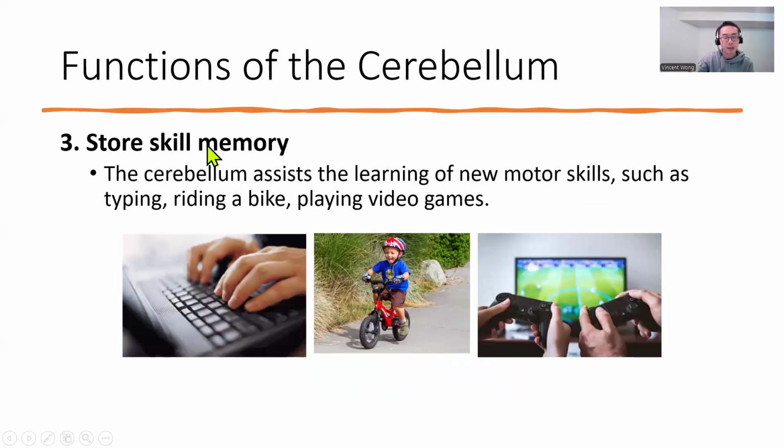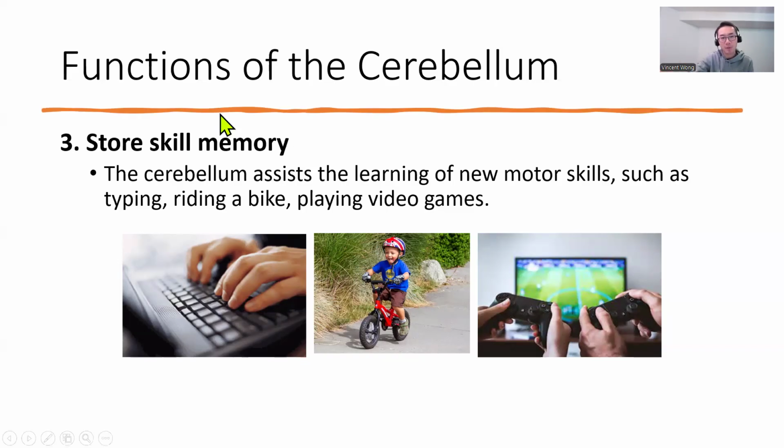Finally, it helps store skill memory or muscle memory, such as typing. You can type without looking at the keyboard. That's stored in the cerebellum. If you try to type on a different keyboard, sometimes you will hit a key that is on the keyboard you're familiar with, only to realize it's the wrong key on this unfamiliar new keyboard.